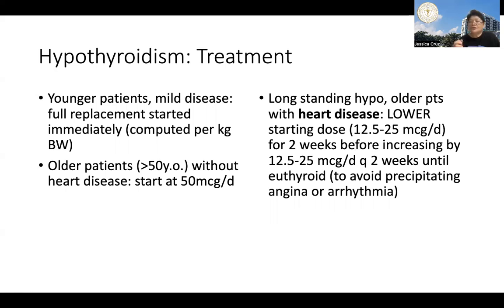For those who have long-standing hypothyroidism or older patients with cardiac morbidities, the starting dose is slower, at 12.5 to 25 micrograms per day instead of 50 micrograms per day. We use this for 2 weeks, and then we slowly increase by 12.5 to 25 micrograms every 2 weeks. It has to be slow until you reach euthyroid.